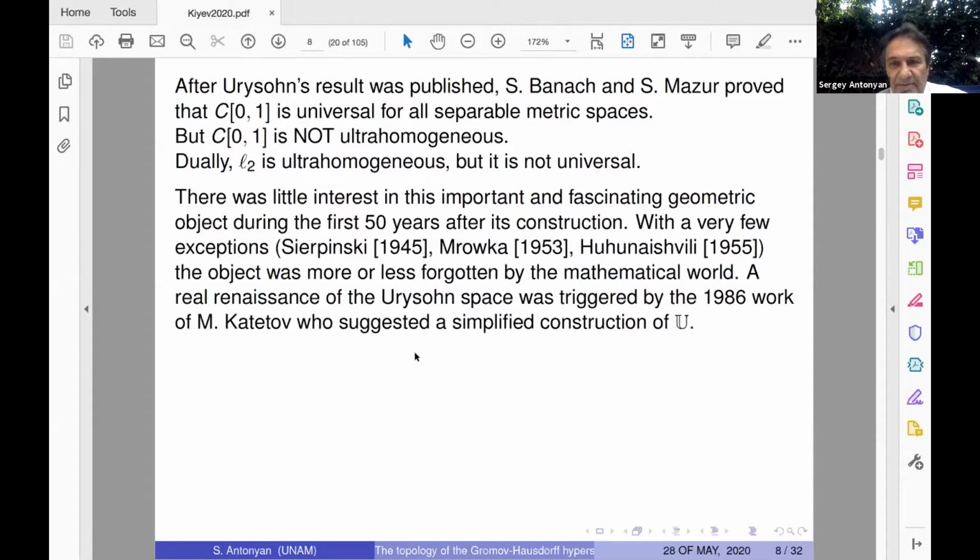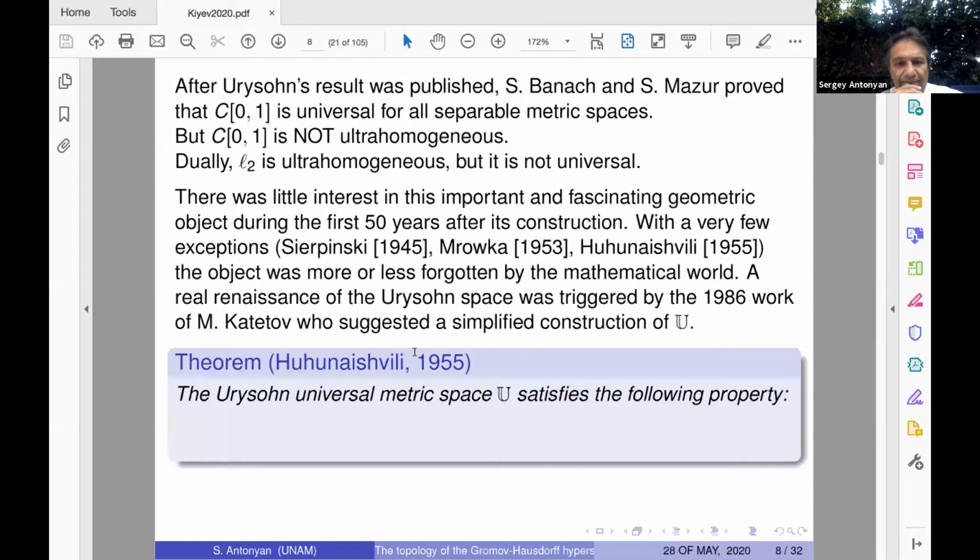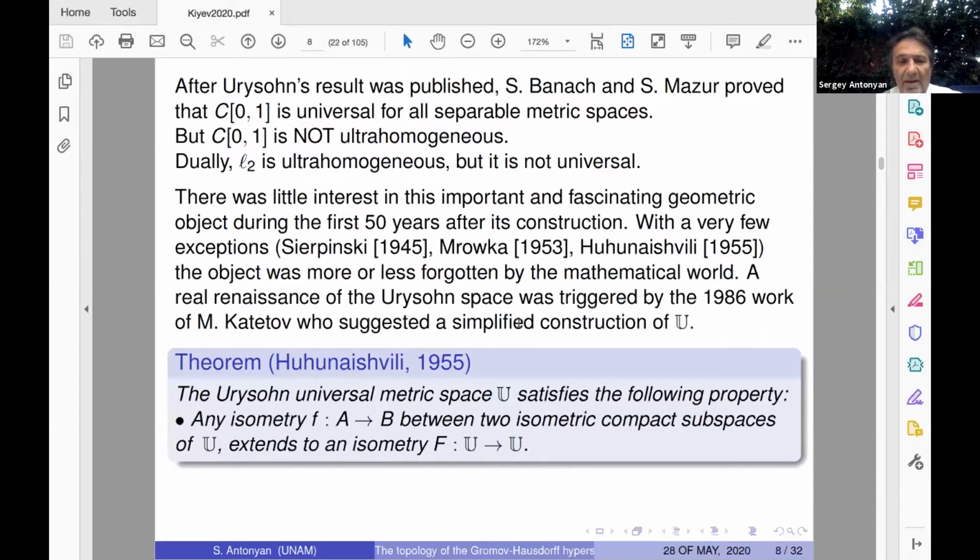Now let's go ahead. Another remarkable result was discovered by the Georgian mathematician Khukhunashvili in 1955, who proved that the Urysohn universal metric space U satisfies the following property.